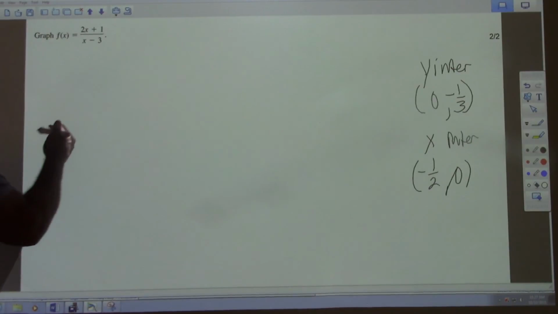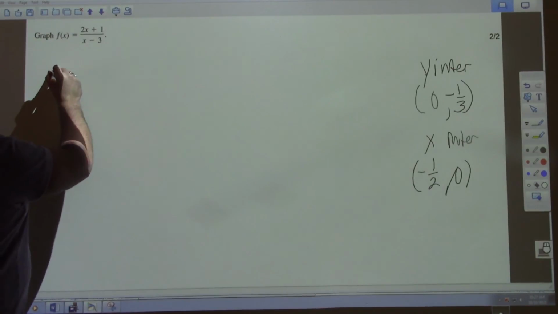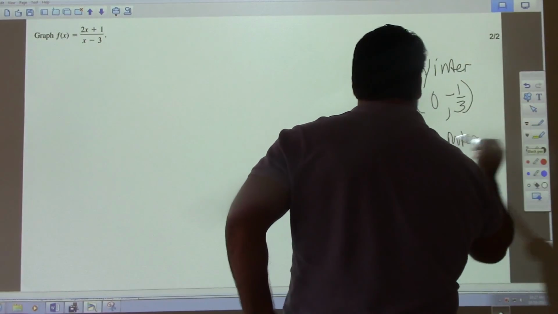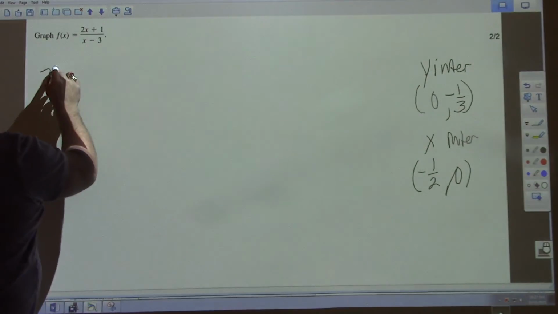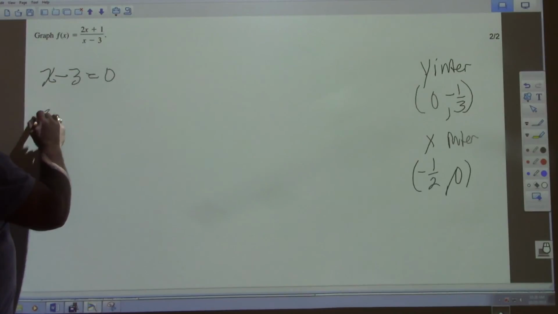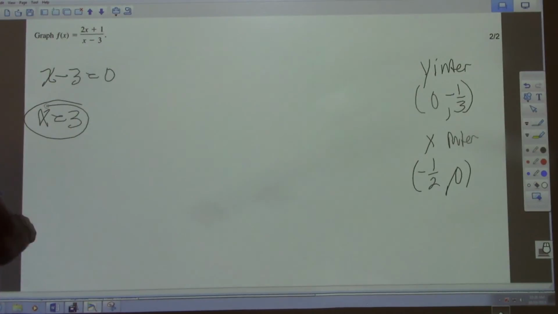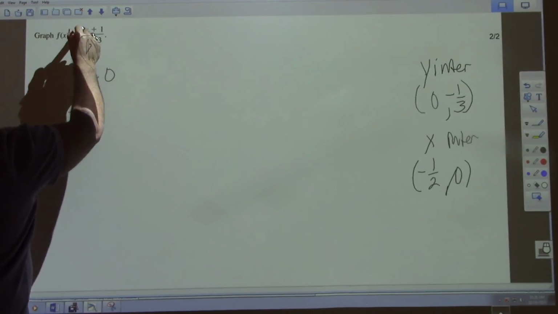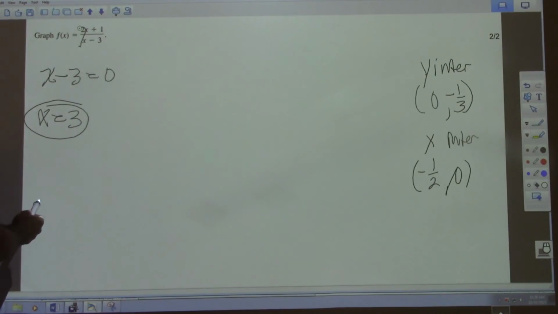So, all right. Now we take X minus 3 and set it equal to 0 because we've got to find out where it crosses. X minus 3 is equal to 0, so that means your vertical asymptote is 3. Horizontal asymptote, what do you notice about these two guys? They're the same degree, so they cancel, and what does that leave? 2 over what? 2 over 1, thank you.